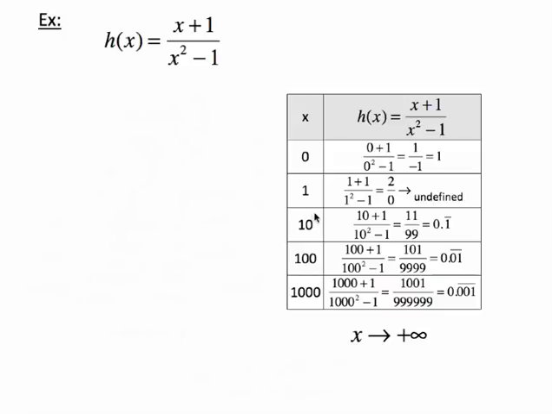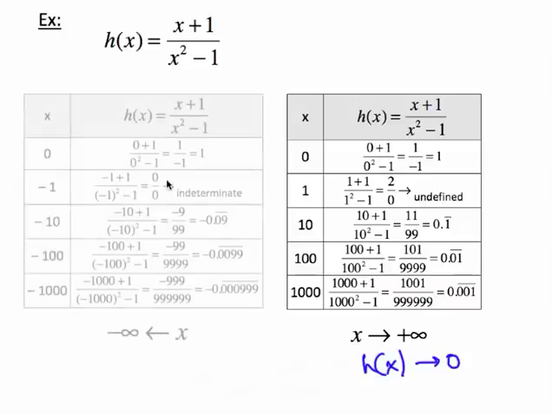Also notice that as x gets more and more positive, as we go down here, the y values get smaller and smaller and smaller and approach 0, but never get there. So as x is going towards positive infinity, what we see is that y, or h of x, is approaching 0.